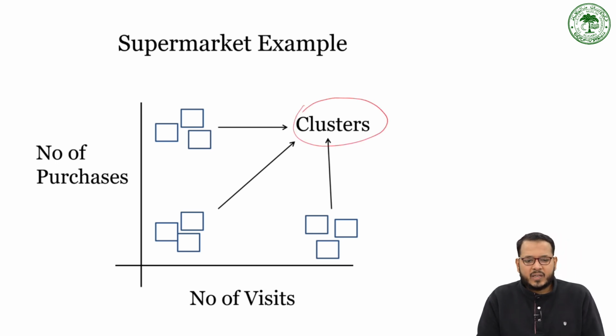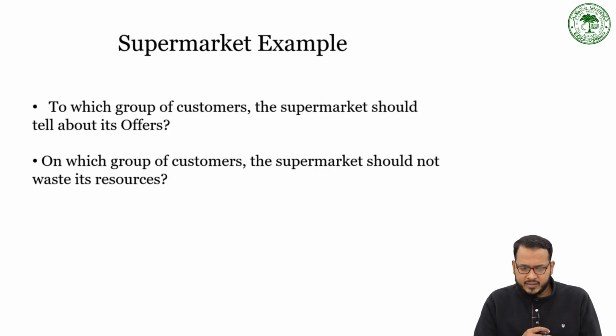So in this specific case, we have 3 clusters or groups. Even without labels, we can identify this kind of pattern or grouping of data points based on the similarity among them. This type of inferencing is useful in the supermarket example to identify which group of customers the supermarket should tell about its offers, and on which group of customers the supermarket or mall should not waste its resources.